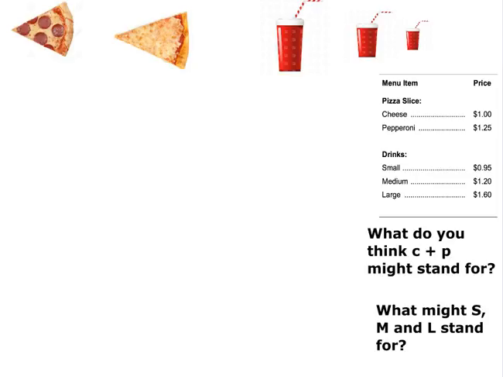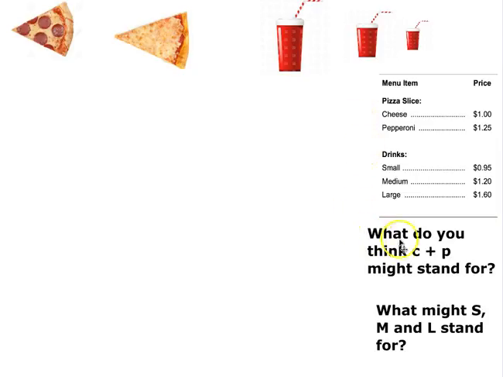So now what we're going to be doing here is taking a look at this menu here, and we have pizza slices, 2 types, cheese and pepperoni, and drinks. And there's a small, a medium, and a large. And here they give you the dollar amounts of the menu items that you can get at this pizza shop.